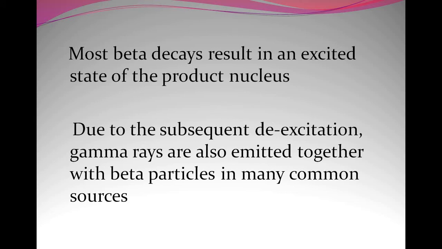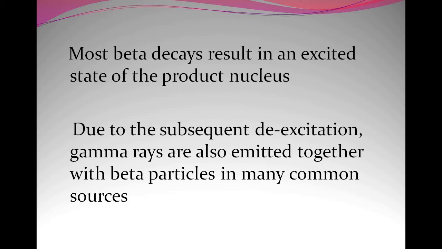And it is found that normally the heavier particles like the nucleus will almost remain stationary, or they will not be in motion. That means this energy is mostly shared by the beta particles and antineutrino, that we will discuss later.